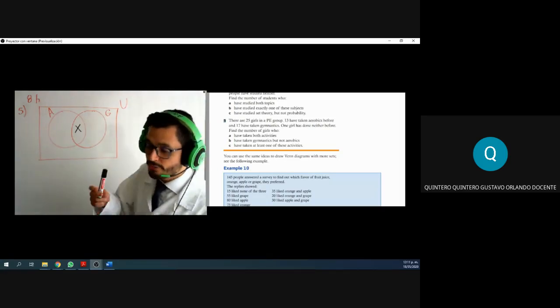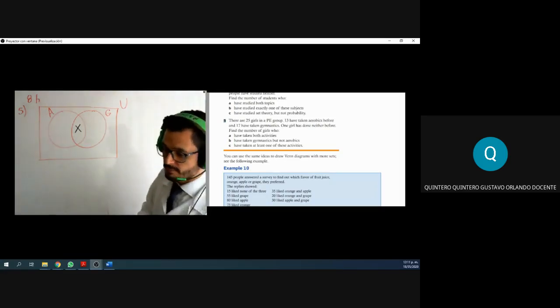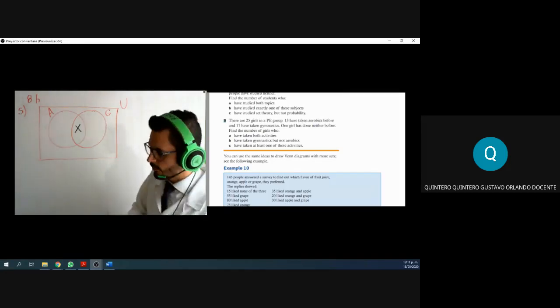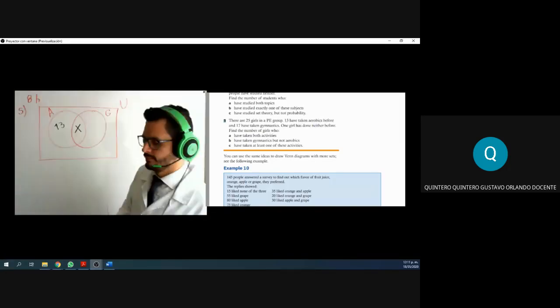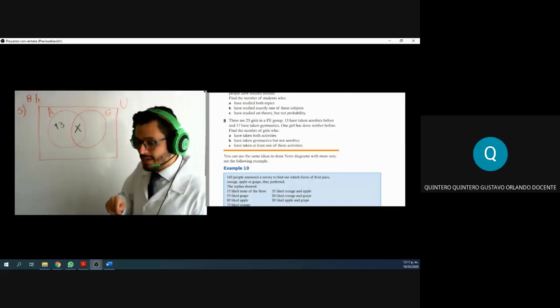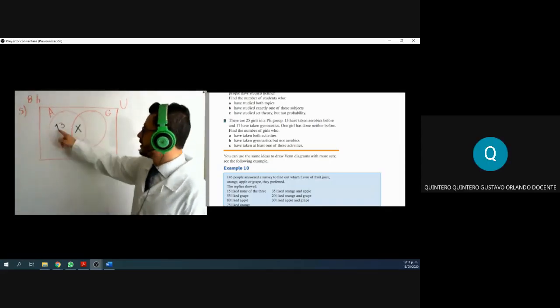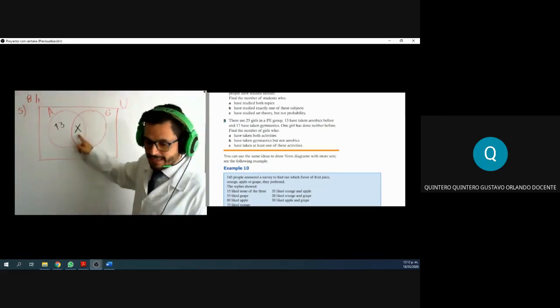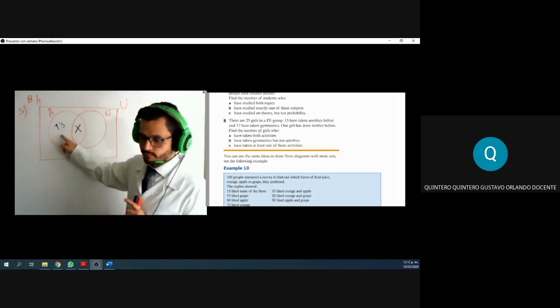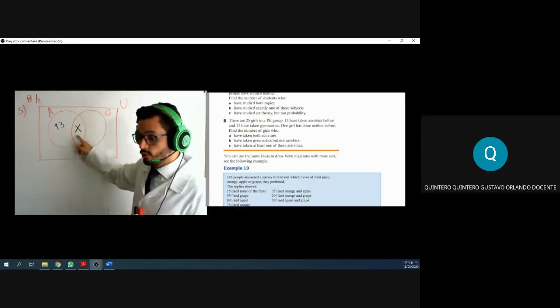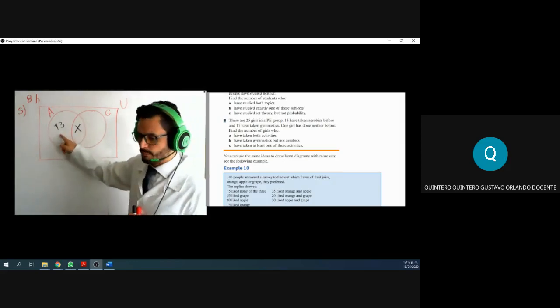Now, we know 13 people have taken aerobics before. Now, there is a problem. If I write 13 here, that means the people of aerobics will be 13 plus X. I don't know how many is X, but if it is 1, then there are 14 people. That is a problem. If the intersection is 2, then now we have 15 people.